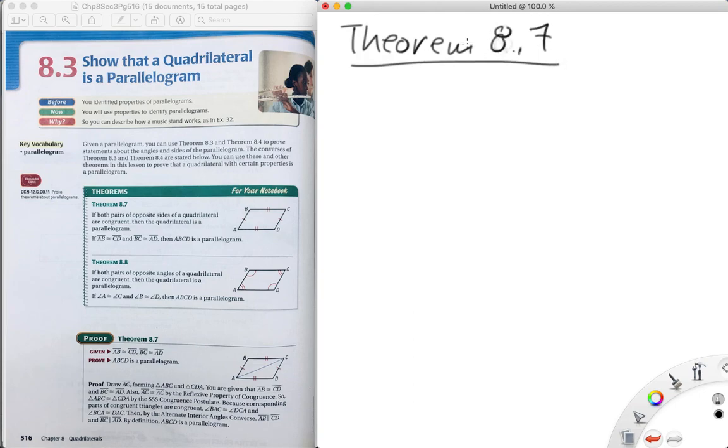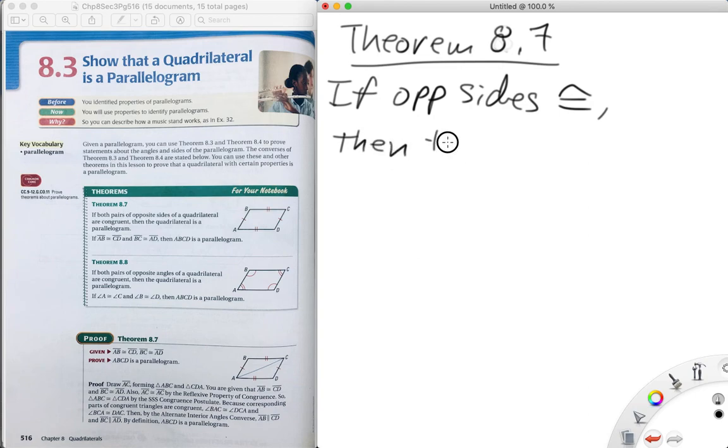That would say if opposite sides are congruent, then the quadrilateral is a parallelogram. So that's just the inverse of the theorem in the previous section.